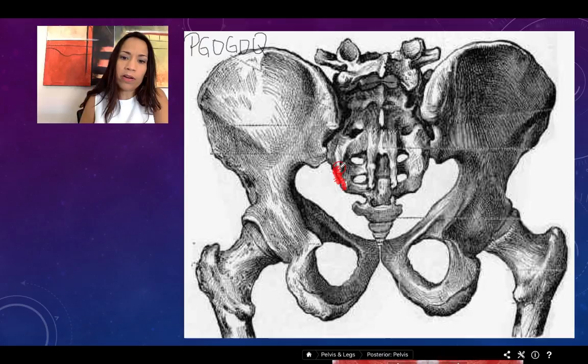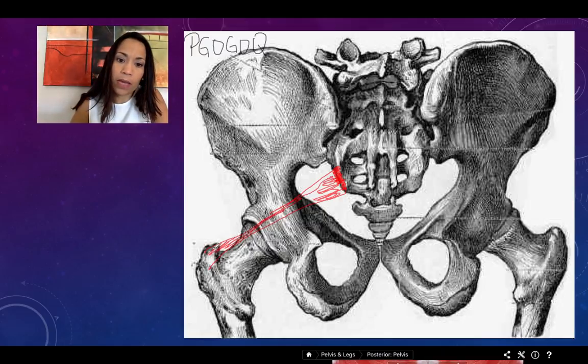And from here, it goes to the greater trochanter of the femur. So it's crossing posteriorly the hip joint. So it can lateral rotate the thigh as long as it's extended, okay? So that's the piriformis, more like that, something like this.